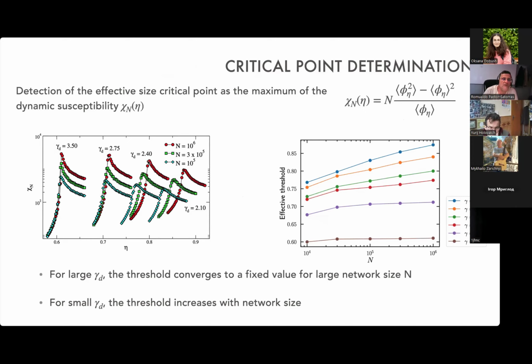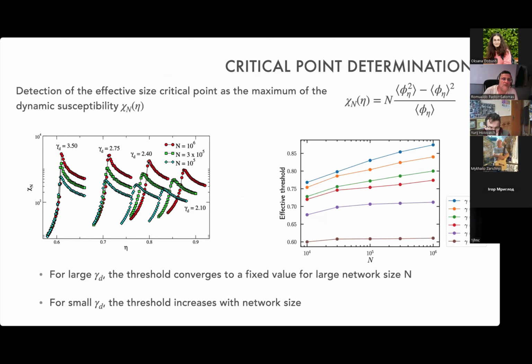You do this for different values of gamma, and what you see is that when gamma is larger than 2.5, essentially the threshold is 1, which, remember, is the largest value that the noise parameter can take. And when gamma is smaller than 2.5, you see a threshold in the thermodynamic limit that is smaller than 1.